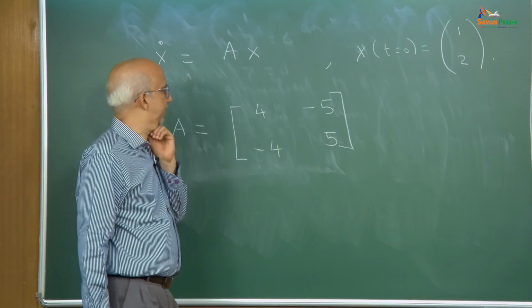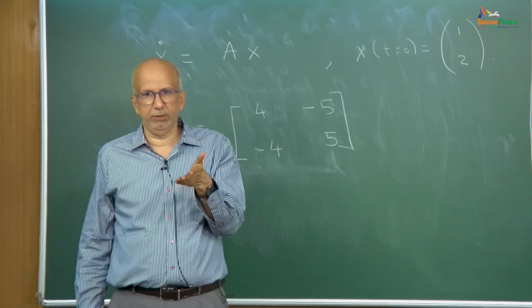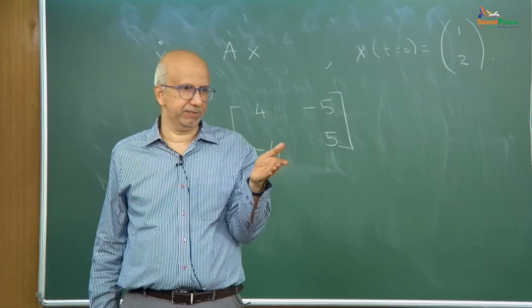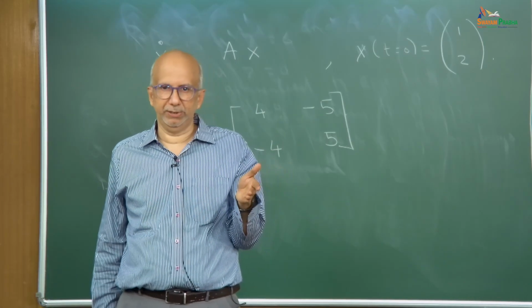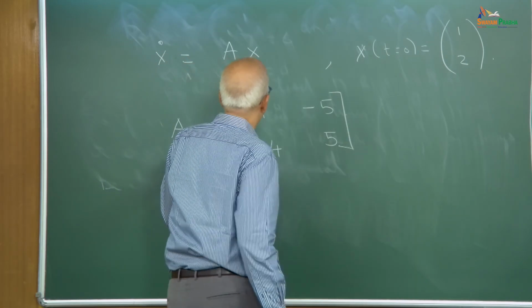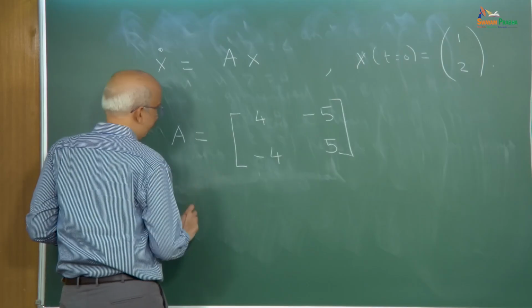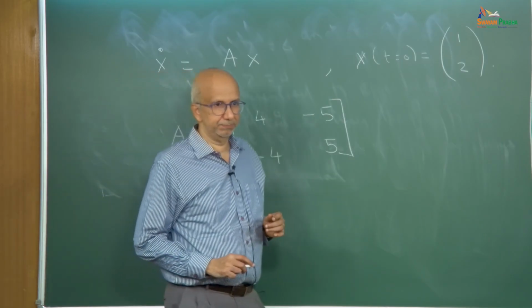I want to basically solve this problem, and last time I was explaining to you that we are doing it in eigenbasis because I end up decoupling the equations, okay. So now I am going to use the same method and say that first find the eigenvalues and the eigenvectors.